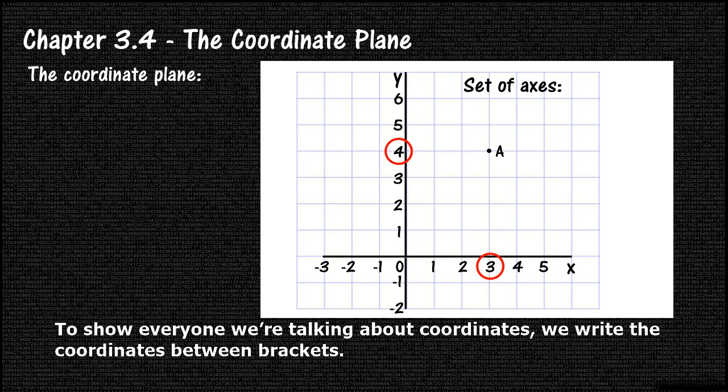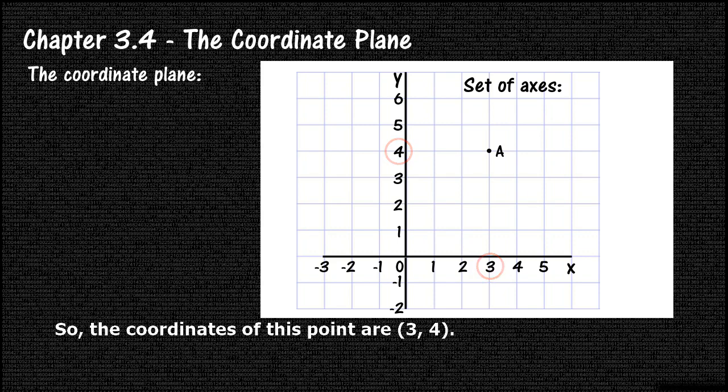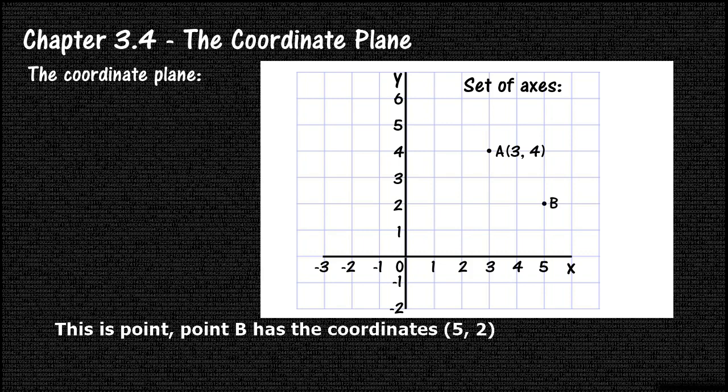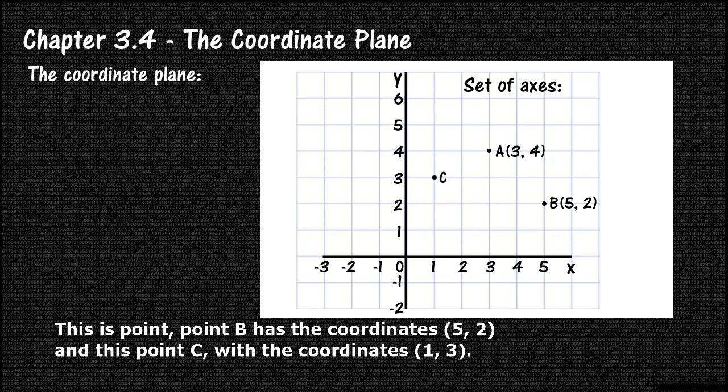To show everyone we're talking about coordinates, we write the coordinates between brackets. So the coordinates of this point are (3, 4). This point, point B, has the coordinates (5, 2) and this point C has coordinates (1, 3).